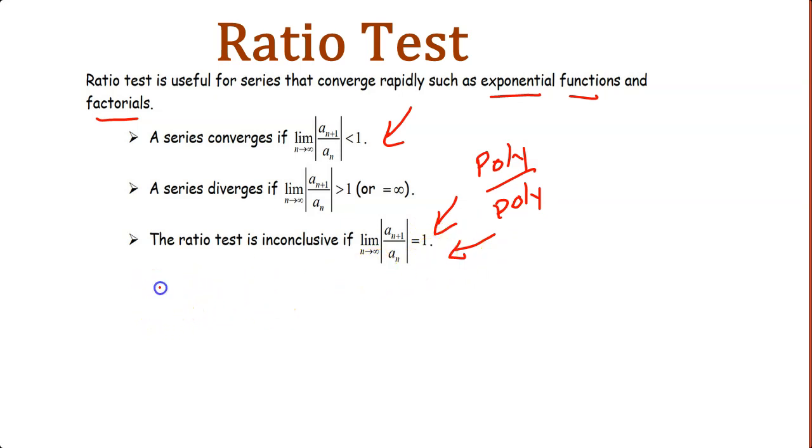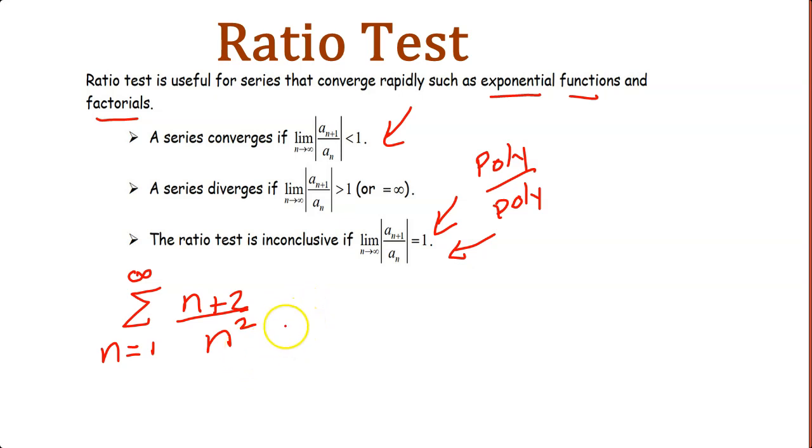Okay, so let's say we have this series, and it's in the form of n plus 2 over n squared, going from n equals 1 to infinity. These terms would approach 0, so the values would go to 0. So we can't use the nth term test. So we're going to try the ratio test.